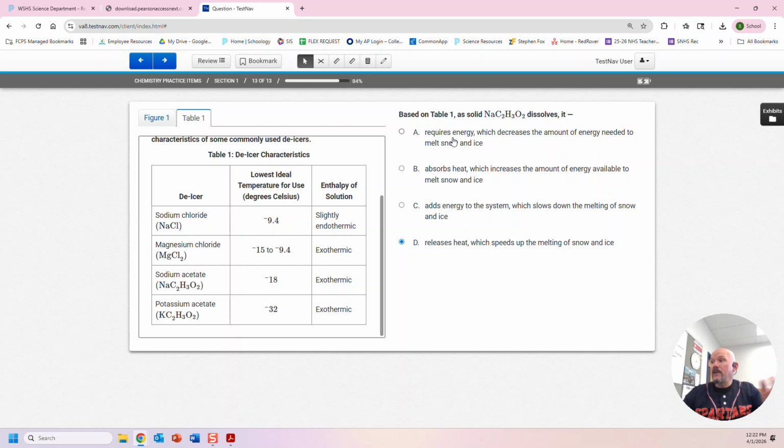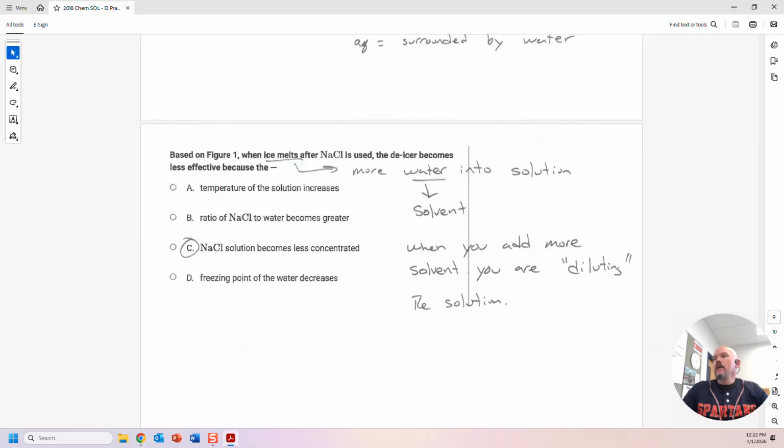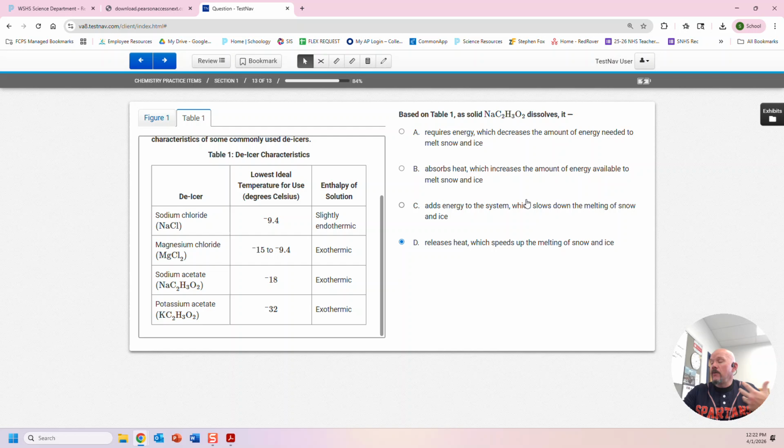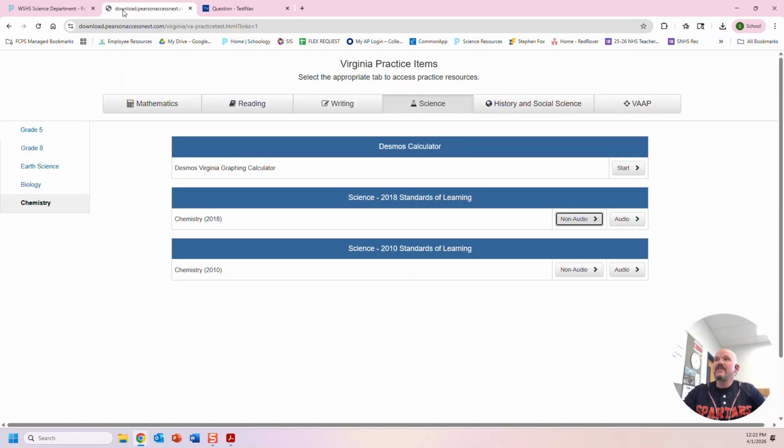Requires energy is endothermic. Absorbs heat is endothermic. Adds energy to system, endothermic. Adds energy to surroundings or releases energy to surroundings, that's exothermic. All right. So again, watch the next video in the series to see the rest of the practice items from this practice test.